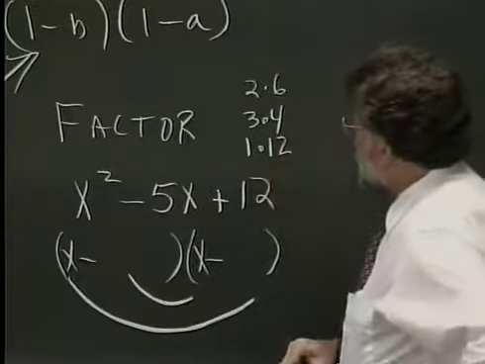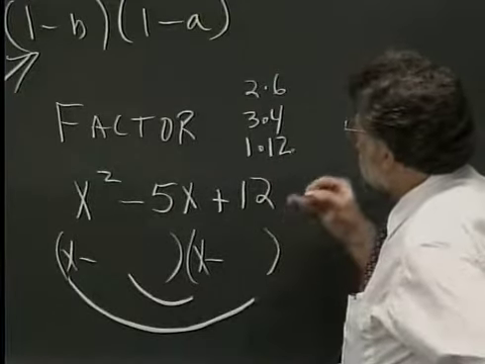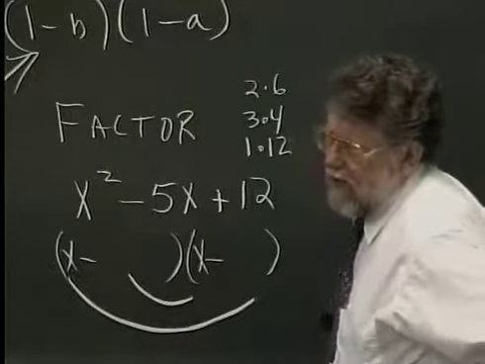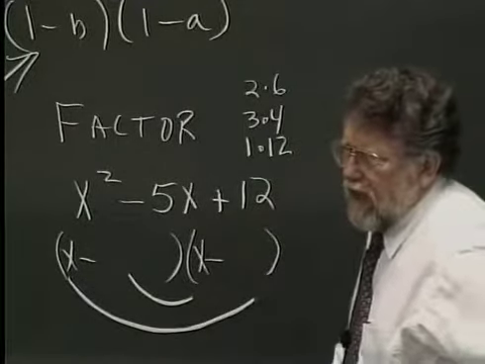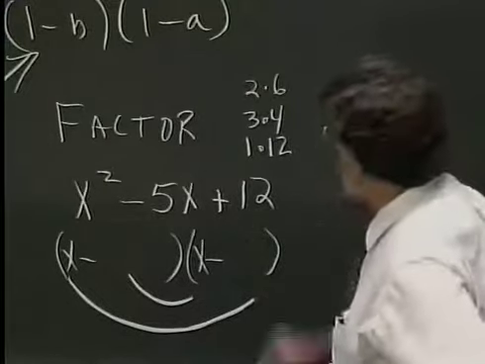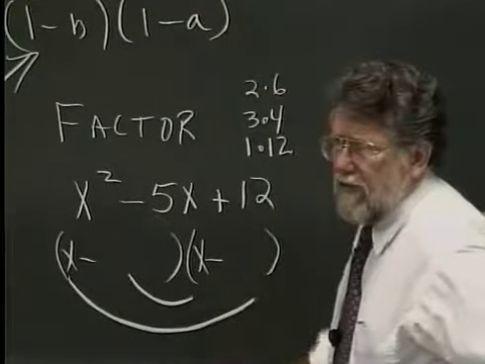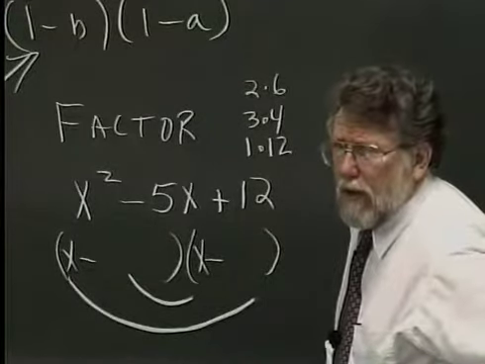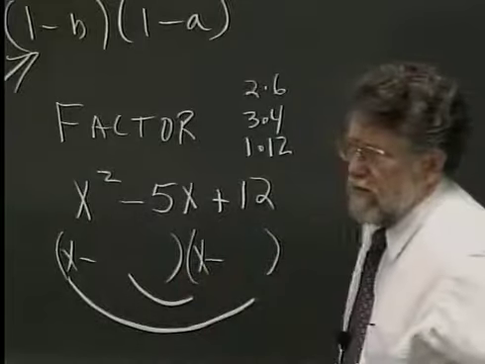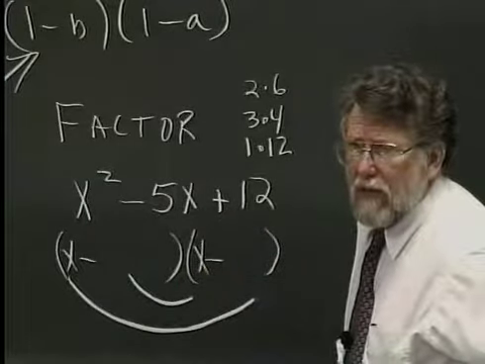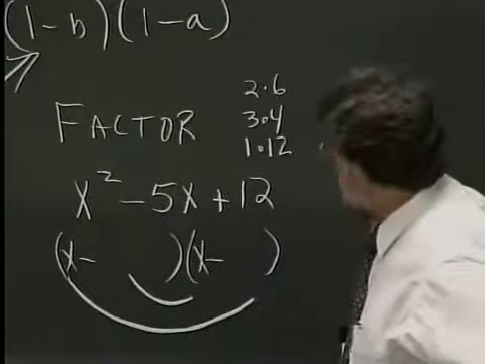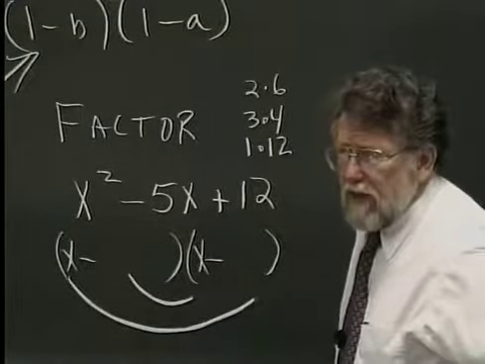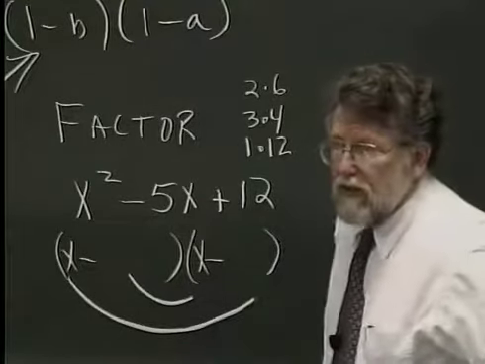So you look at this and you say, well, as I've done it right now, is this the way that it should have been written with x squared minus 5x plus 12? The question is, is there anything I can do in one of these that's going to give me a 5 in the middle term given the conditions I have here? Is there anything that's going to work? Your 3, 4, your 1, 12, 2, 6 are the only choices. Can't be done. So at that point you would argue that this is what?